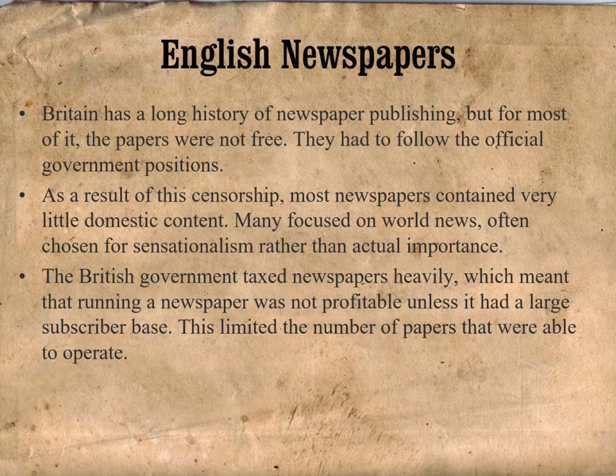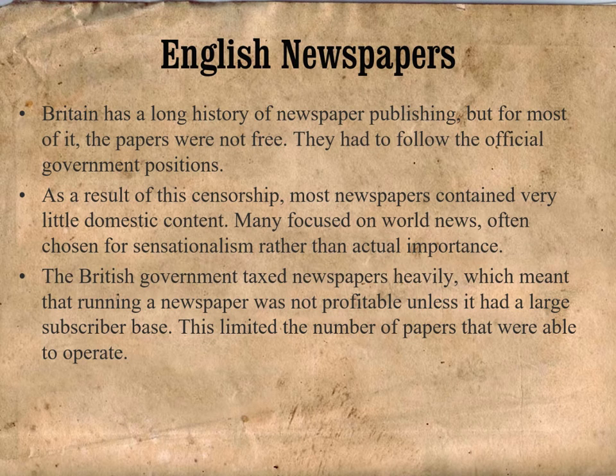Newspapers became problematic for the government as a result of that. And so they were very heavily taxed, and they were also heavily censored. So the combination of those two factors meant it was not really a desirable business to be in. So there were not a lot of different newspapers. They basically had to be very big and have a large subscriber base in order to make any money.